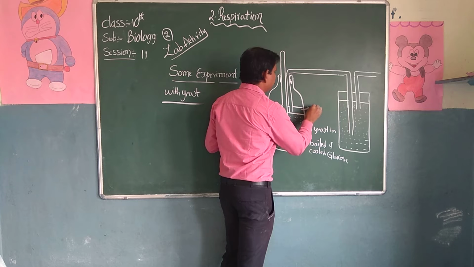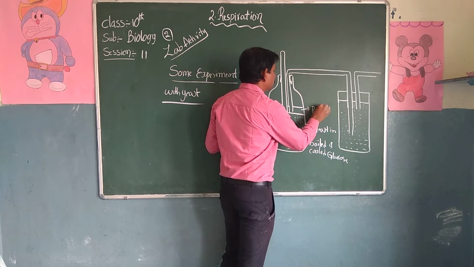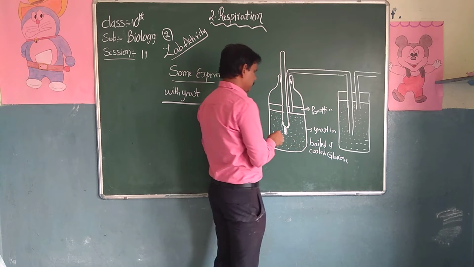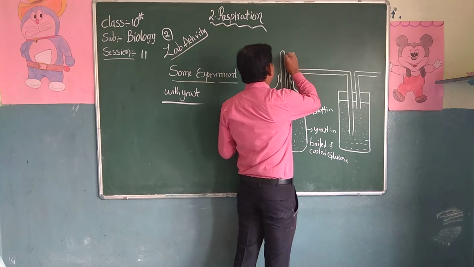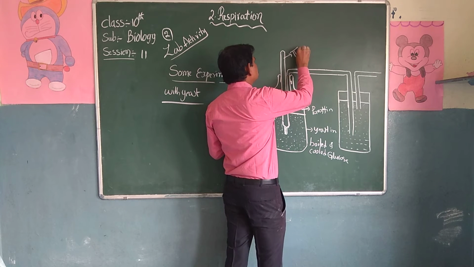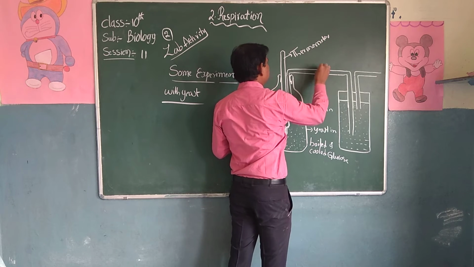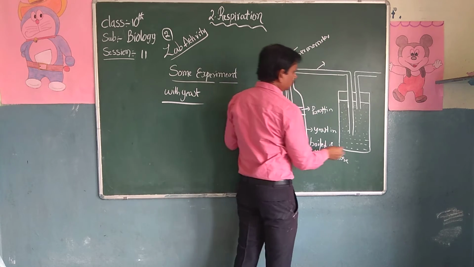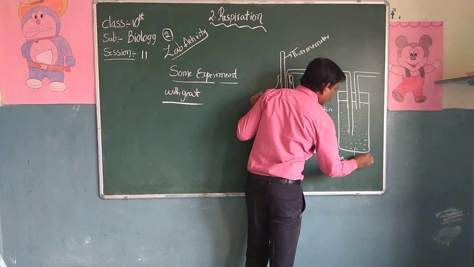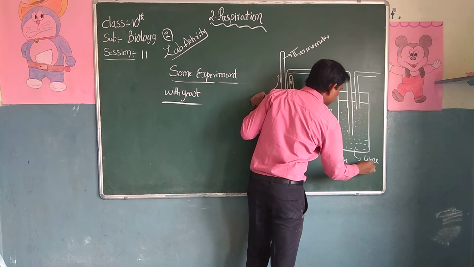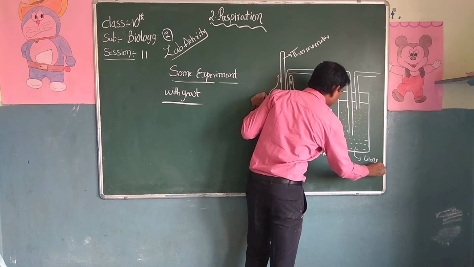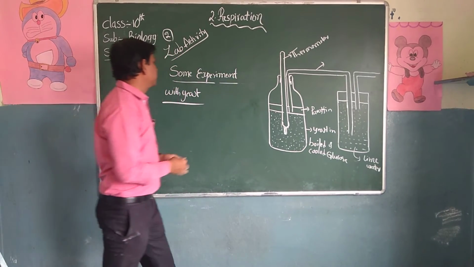This is paraffin. Thermometer. Delivery tube. This is lime water. Lime water.